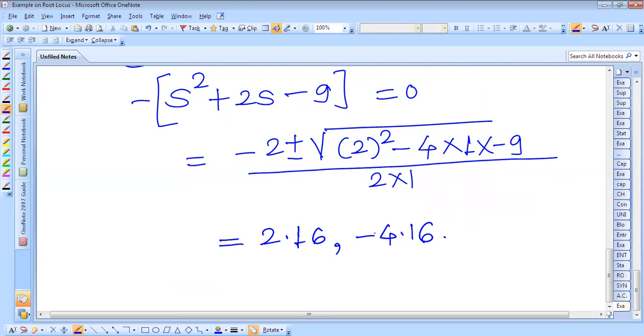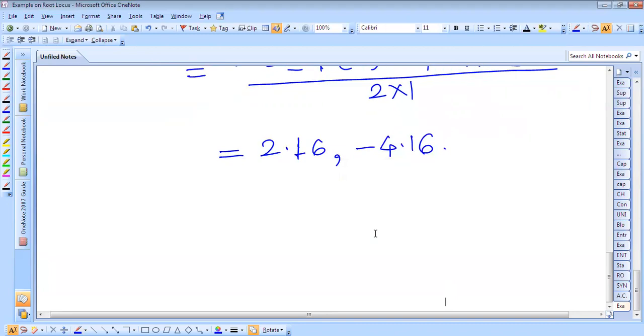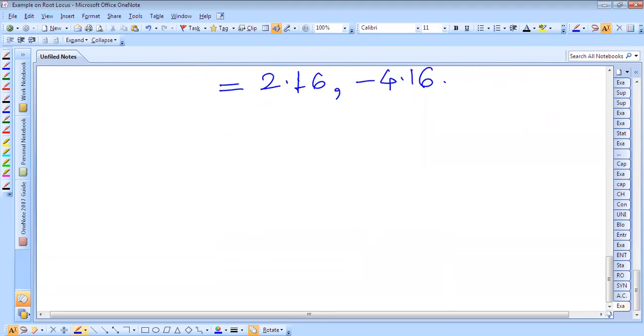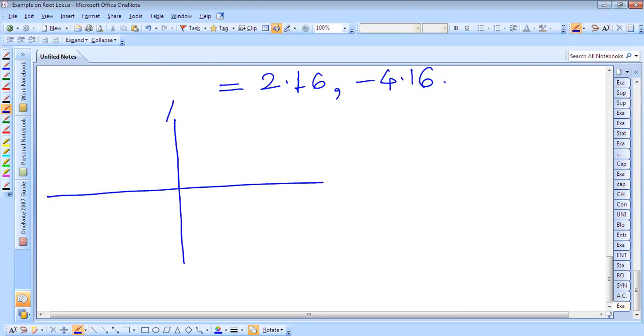Okay. So we can sketch the locus. So this zero is at s is equal to minus 1, and this is minus 2, so this is minus 2 plus j3, and this is minus 2 minus j3.